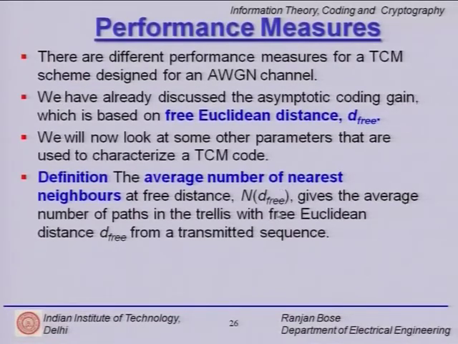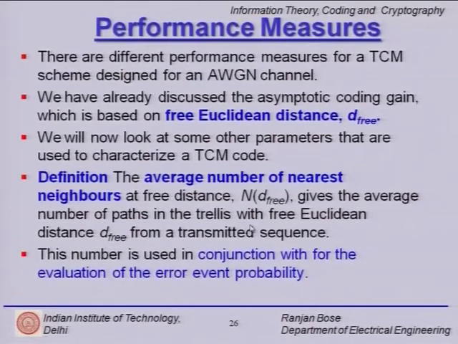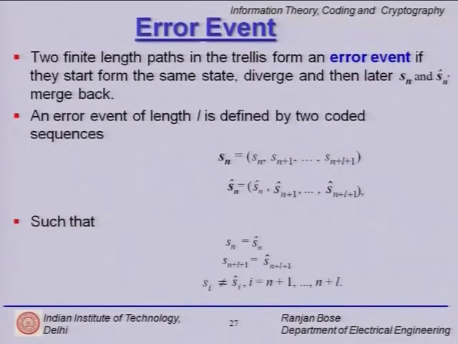So, d free is actually the weakest link in the chain, and we would like to find out how many weak links are there in the chain. So, this N of d free is used in conjunction with d free to evaluate how good a trellis coded modulation scheme is.